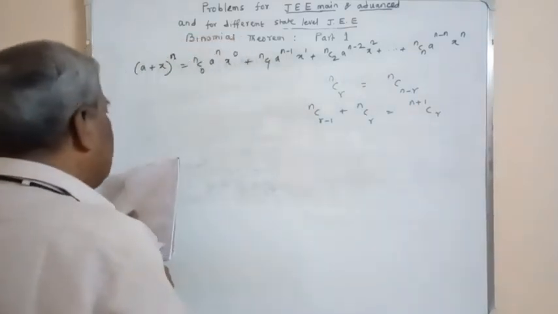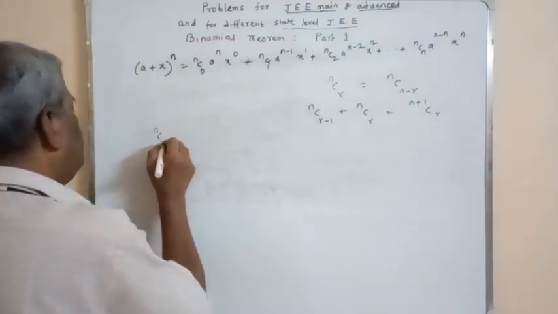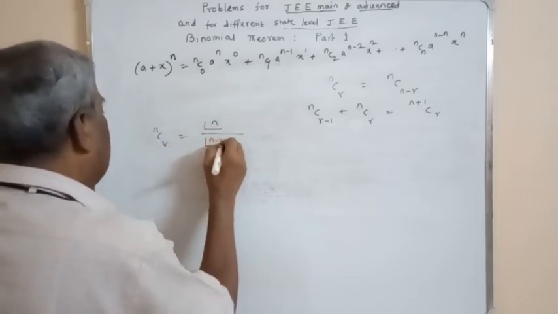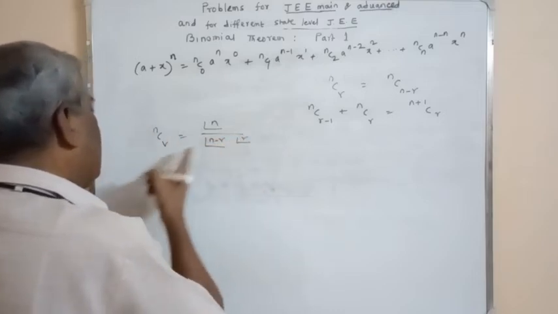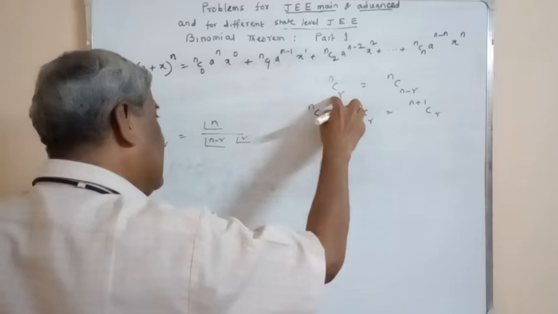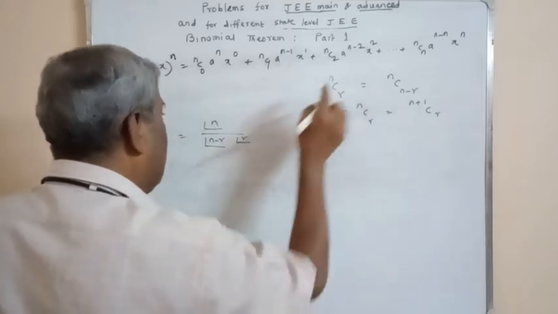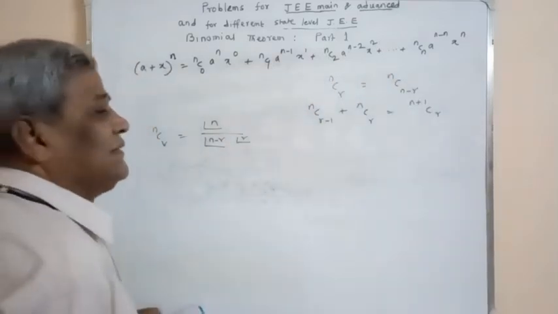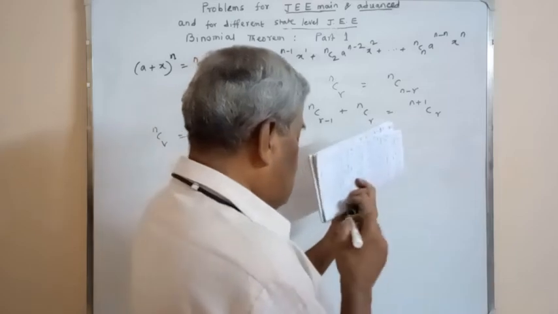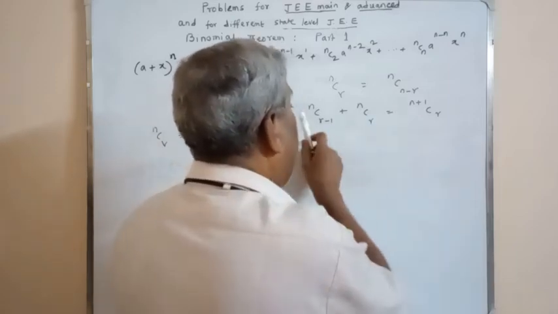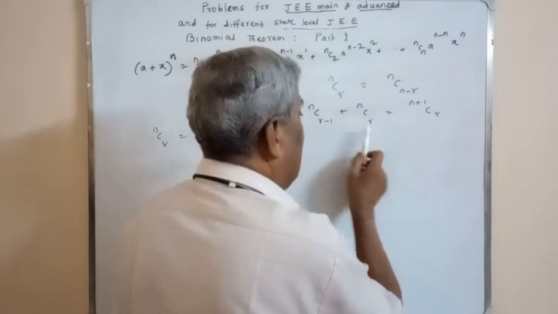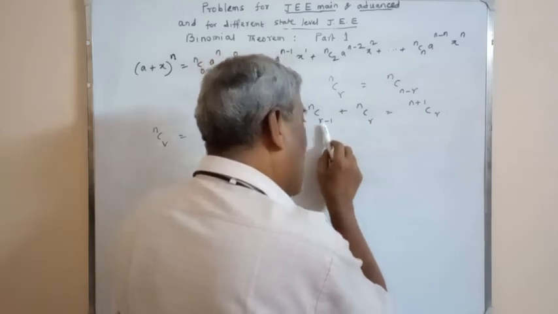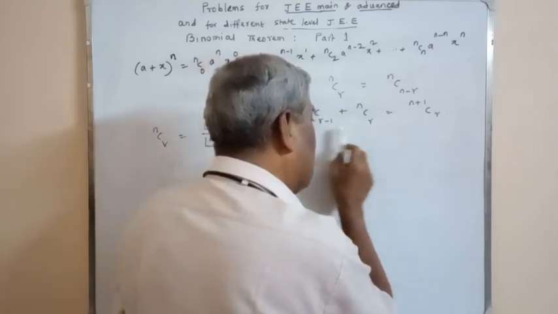And you know, nCr is equal to factorial n by factorial of n minus r into factorial r. Simply by putting the value of this and that, you get the result. And in the second property, nC(r minus 1) plus nCr, both upper suffix is n, and it is r minus 1 and r, consecutive two terms.